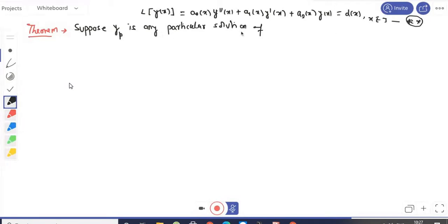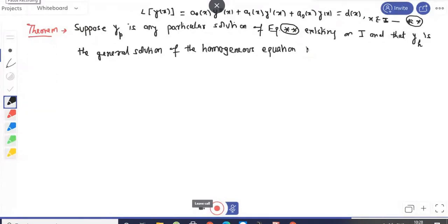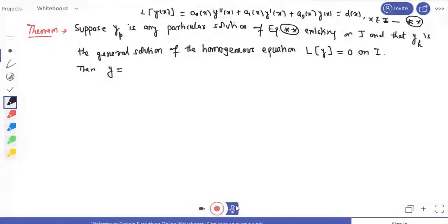So if y_p is any particular solution of this given linear differential equation, existing on that particular interval I, and if we write the homogeneous part, say y_h, that equation we can write shortly as L y equals 0, d(x) equals 0 on that given interval I. Then this theorem says that if this condition holds, then y is the solution of this given differential equation, L of y(x), and that solution is the homogeneous plus particular integral, y_h plus y_p.